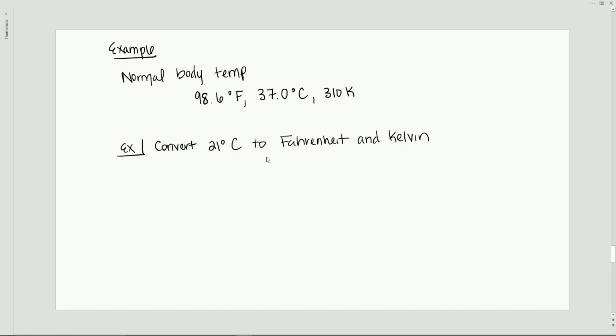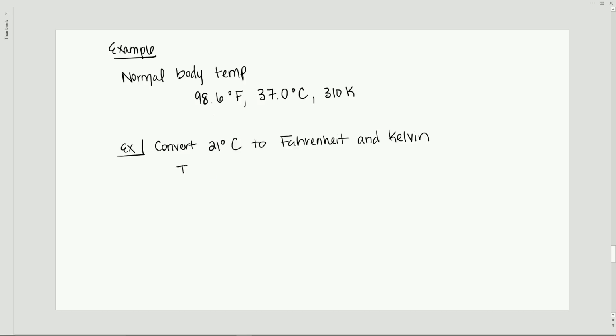Okay, so now we'll do a practice. So this is really more unit conversion, but in this case we have specific formulas that will take us between the three different scales. So in this example, we're going to convert 21 degrees Celsius to Fahrenheit and to Kelvin. So let's convert it to Fahrenheit first.